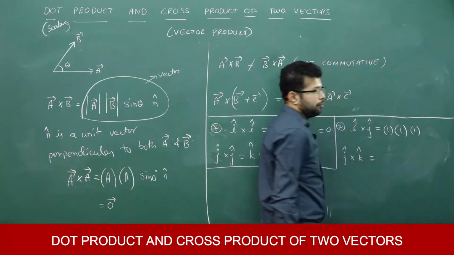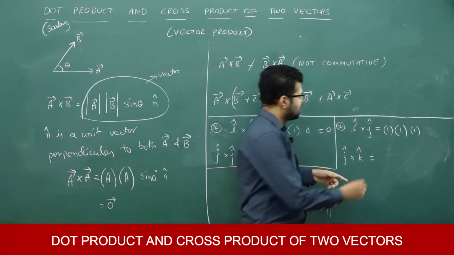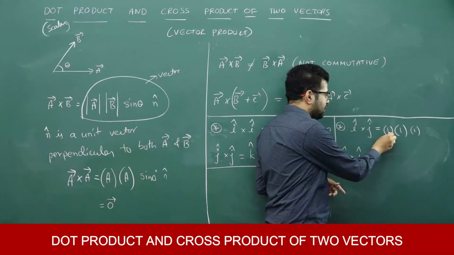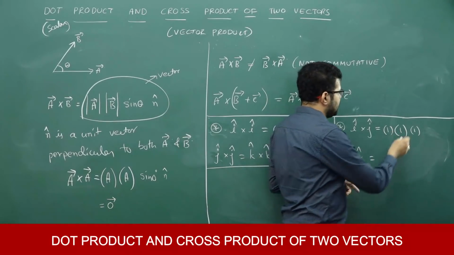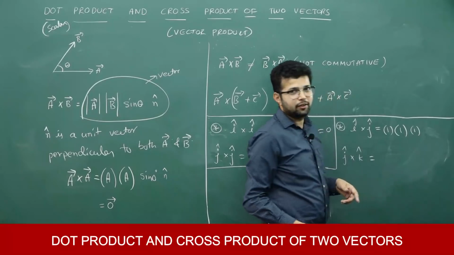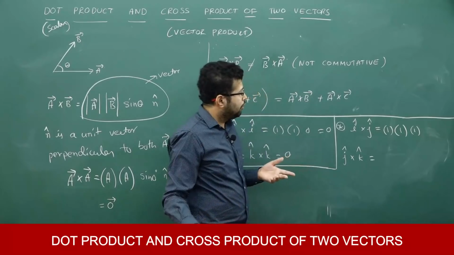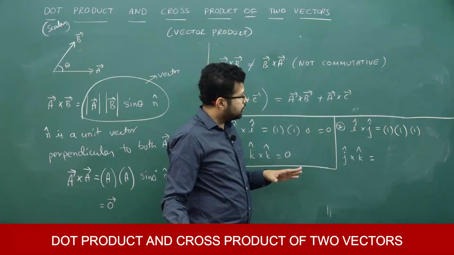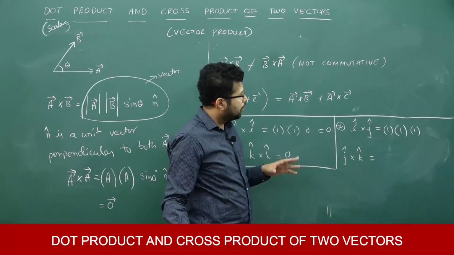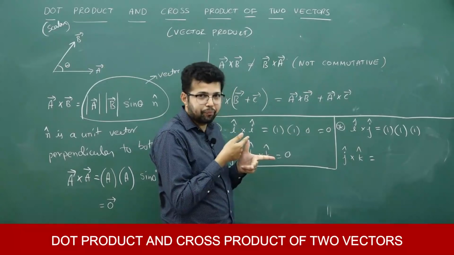So, here we have made a mistake. I cross j is the magnitude of I cap 1 times the magnitude of j cap 1 times sin 90, sin 90 is 1, times there should be a unit vector. That unit vector should be perpendicular to both I and j. See, this is I cap, this is j cap.